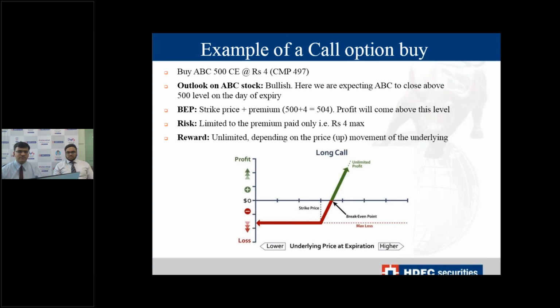So the break-even point of this strategy is the strike price, which is 500, plus the premium, which is 4 rupees. So 500 plus 4 is 504. So profits will come from this strategy once the price crosses 504. Risk is limited to 4 rupees as this is the premium and we can't lose more than the premium. The reward is unlimited as options give you unlimited upside.